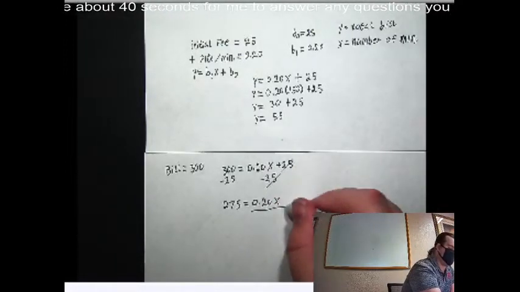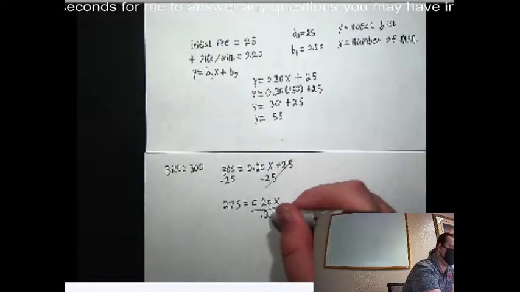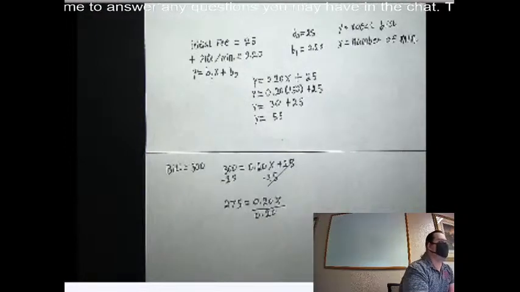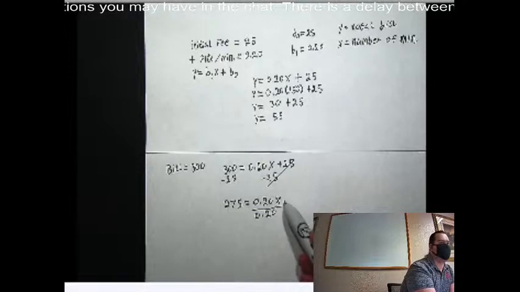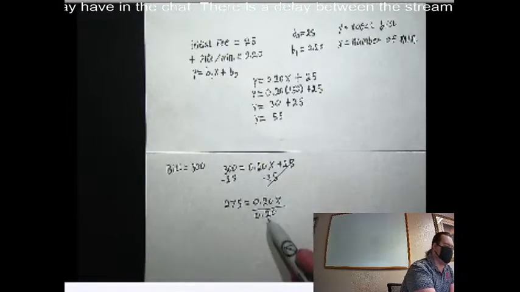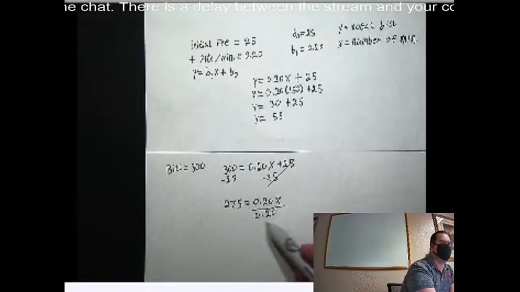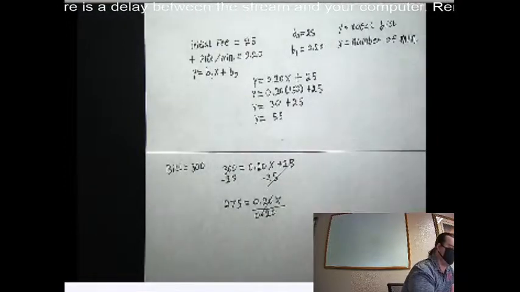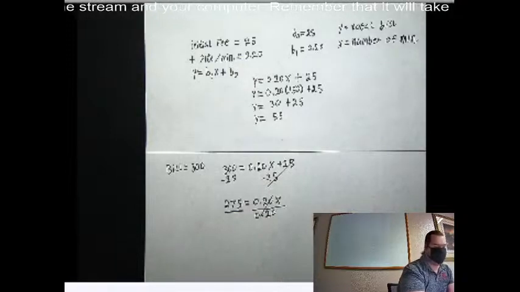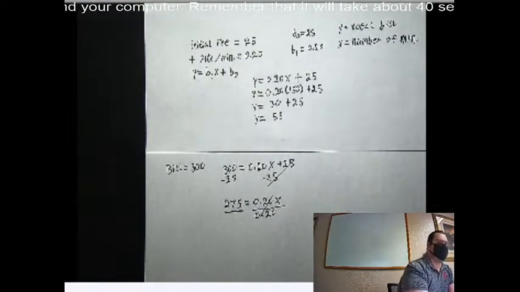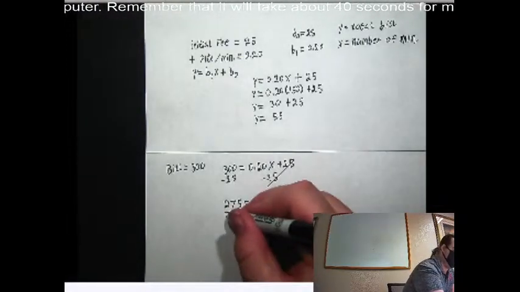We just divide this whole side by 0.2. Again, the reason this works is because 0.2 is multiplying by x right now. So if we divide, that's the opposite of multiplying, and it cancels. But we have to do the same thing to the other side. So divide this side by 0.2.